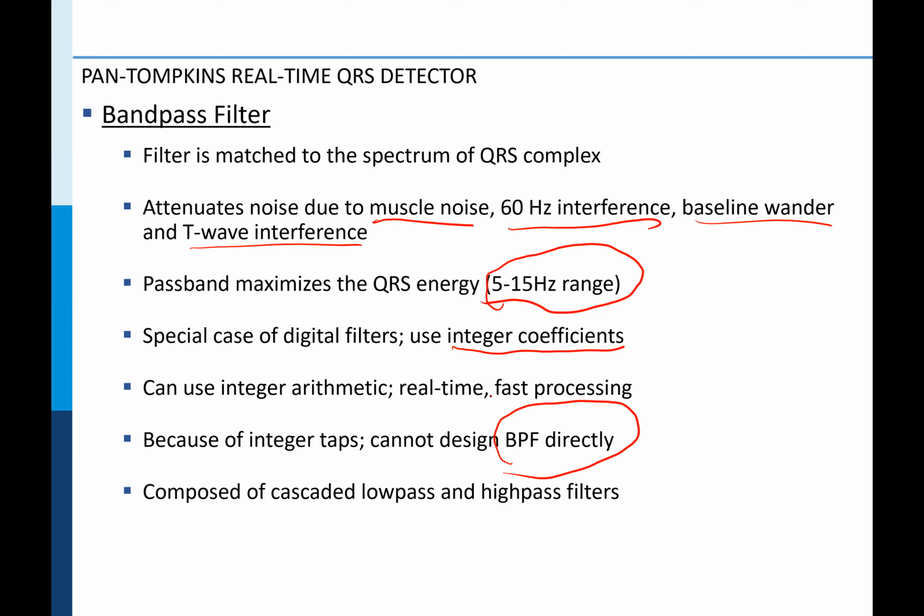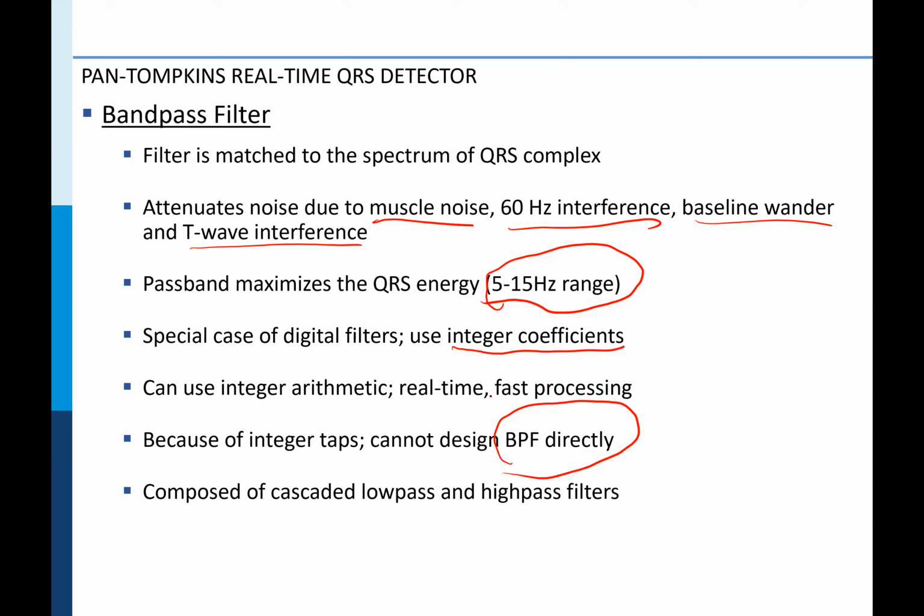But we can mimic a bandpass filter by cascading a low-pass filter and a high-pass filter. Okay? So cascading means adding the 2 filters. I would add 2 filters, a low-pass filter and a high-pass filter, to synthesize or mimic a bandpass filter here. Okay?